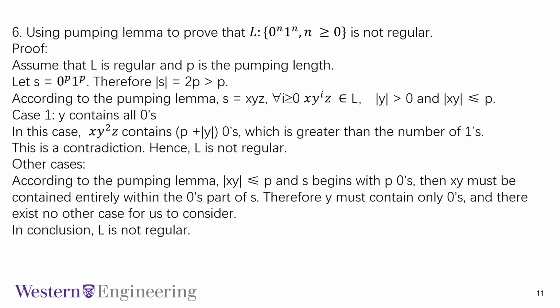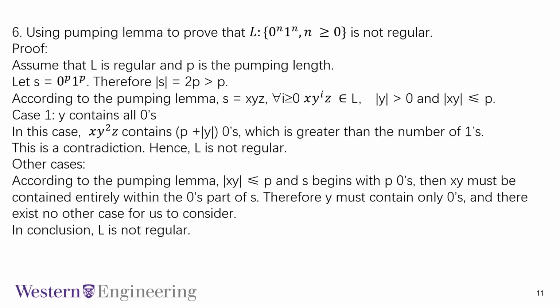According to the pumping lemma, S can be divided into X, Y, Z, and the 3 conditions need to be satisfied. Then we think about the different cases. The first case is that Y contains all zeros.